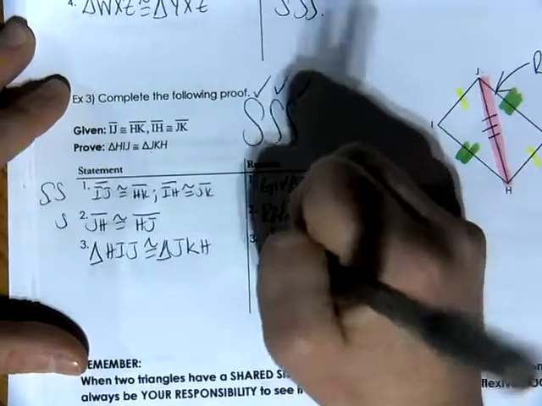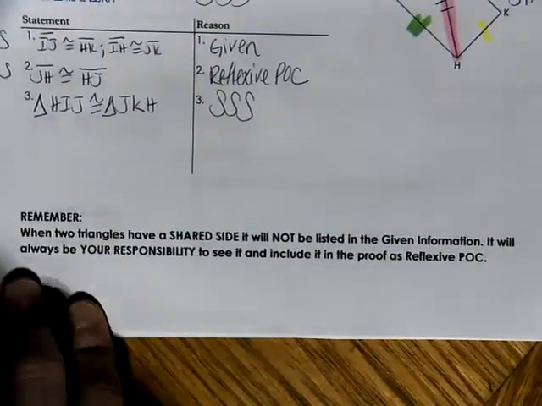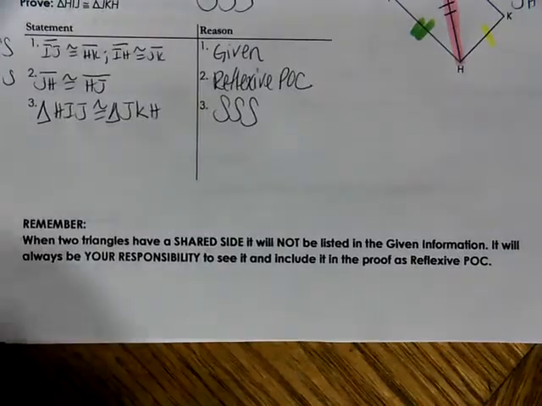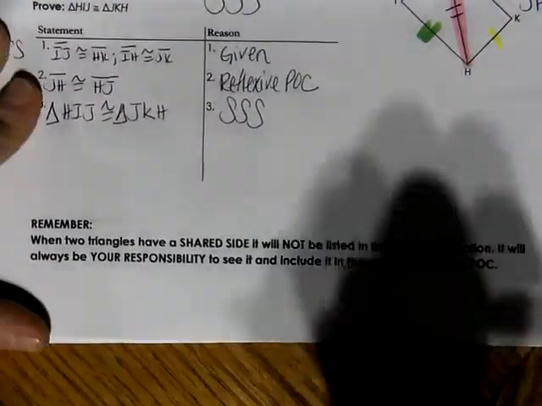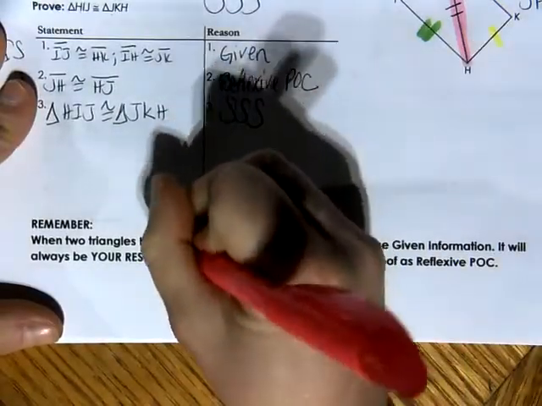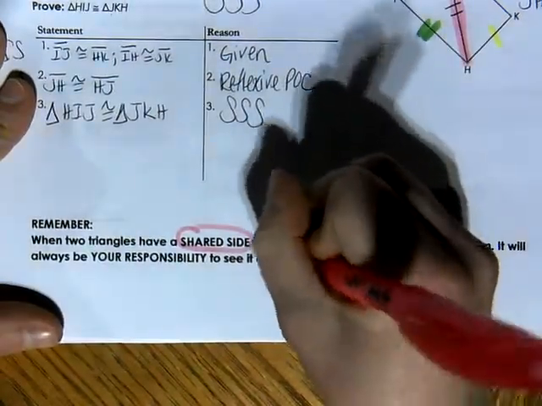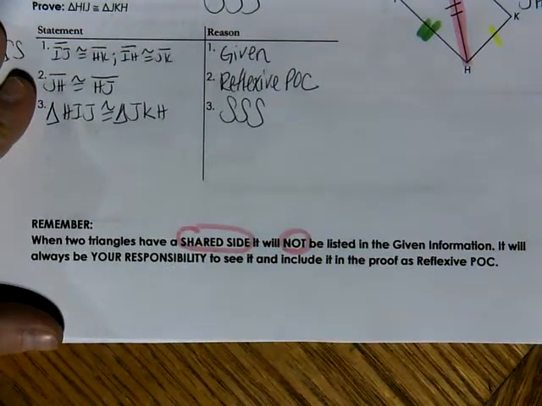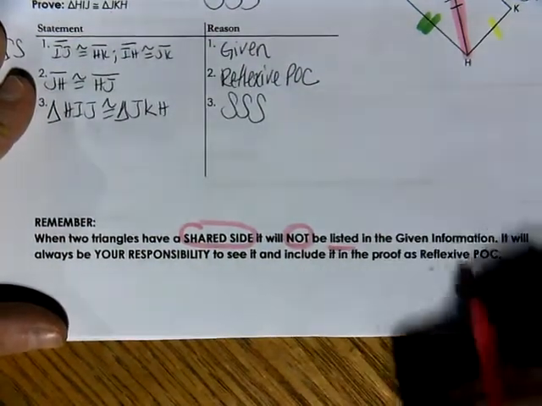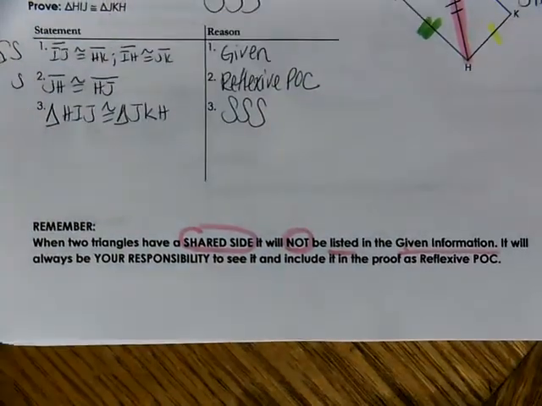by side, side, side. So the thing that I need you guys to know about proof writing, especially once you get into your homework, is that when two triangles have a shared side, it will not be listed in the given information.